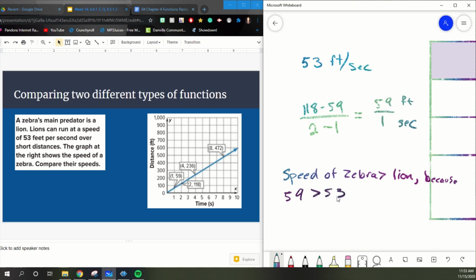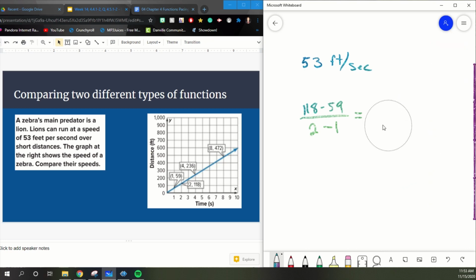So even though they represented those two functions two different ways, we were able to compare them simply by finding the rate of change of the one with the graph and comparing it to the one that they already gave us.